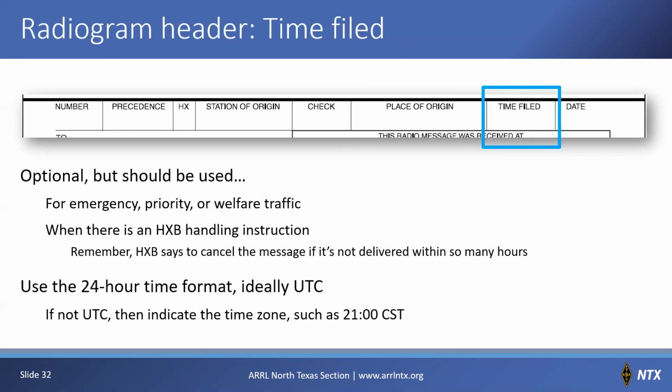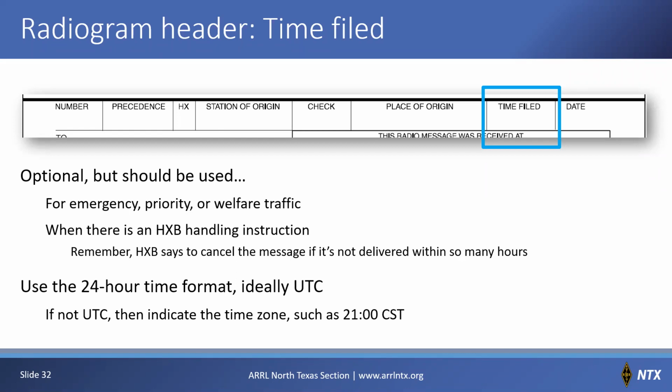Okay. The time filed, this is the other optional. In routine traffic, hardly do you ever see this. But if it's emergency priority or welfare traffic, we very much want to see it. And if it's got a Hotel X-Ray Bravo instruction, we require it. Because remember, Hotel X-Ray Bravo is, if you don't deliver it within so many hours, then forget it.